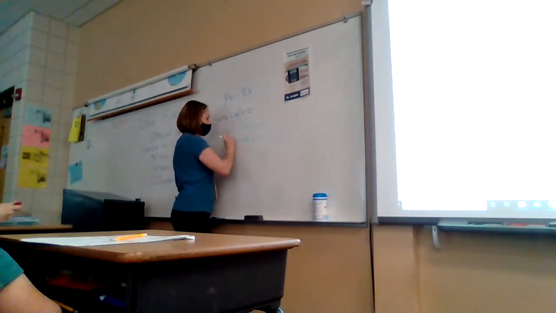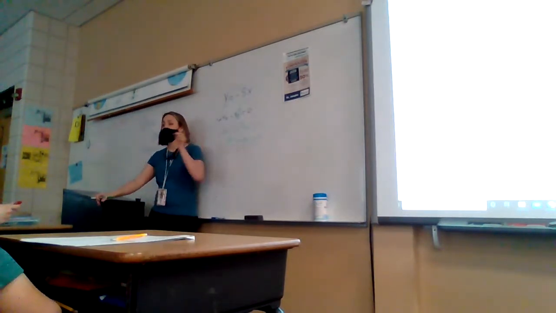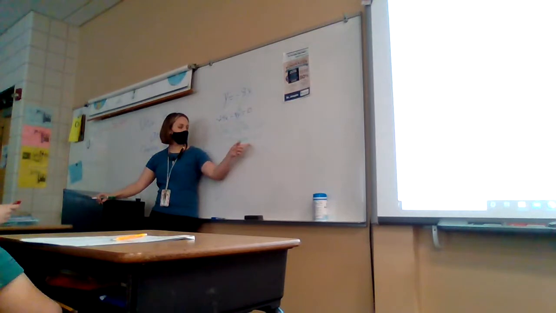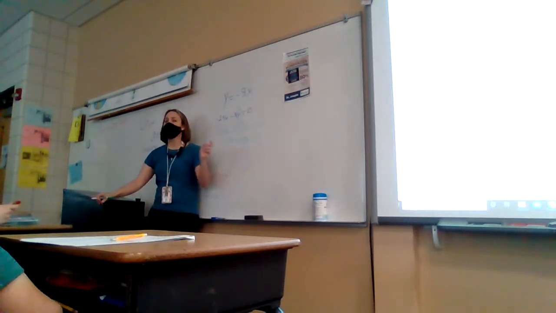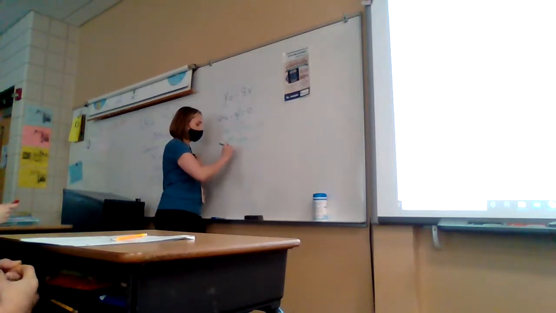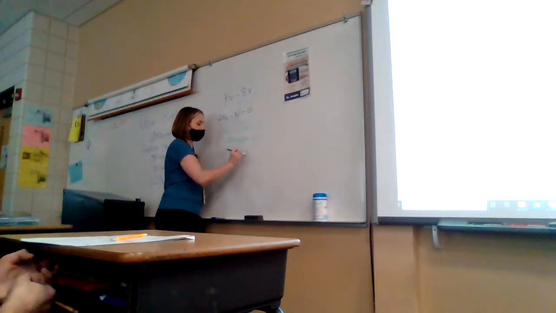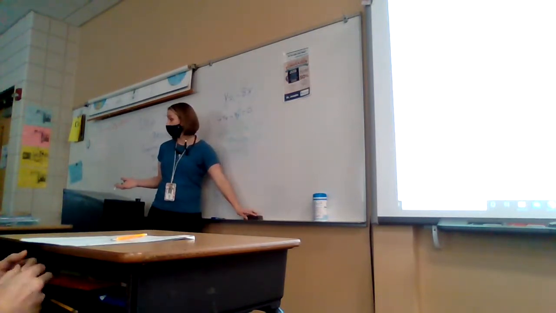So let me ask you this. If we put 0 in for x at this point, then it's going to be 0 equals 0, right? What if we put 1 in? That's going to be negative 24 plus 24, and that's going to be equal to 0. So that makes it true, yeah?